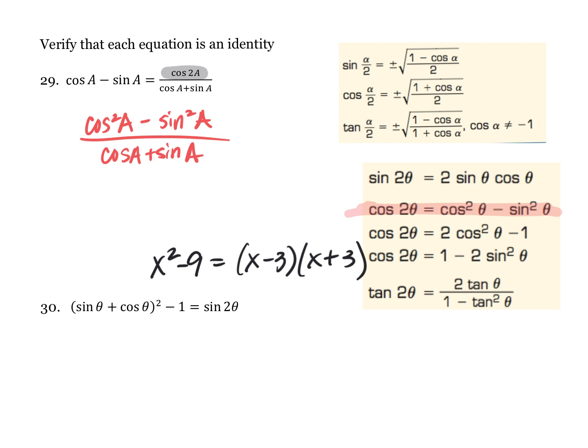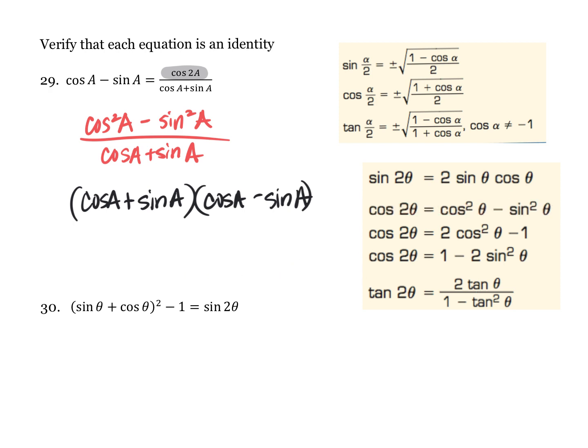Cosine of a plus sine of a, multiplied by cosine of a minus sine of a. If I were to distribute that back in, would I get what I started with? Cosine squared minus sine cosine plus sine cosine, they cancel. Minus sine squared. Yeah. So that was using difference of squares.